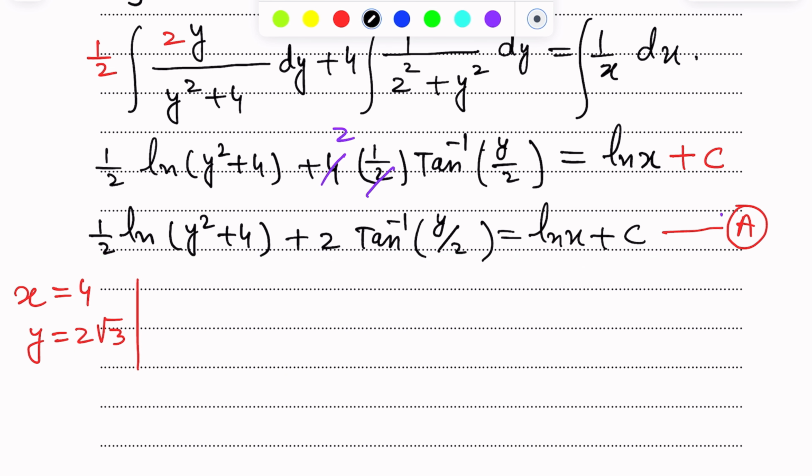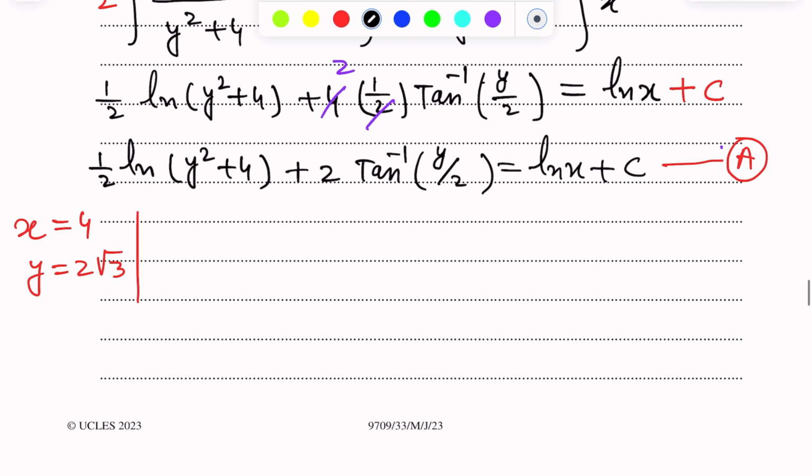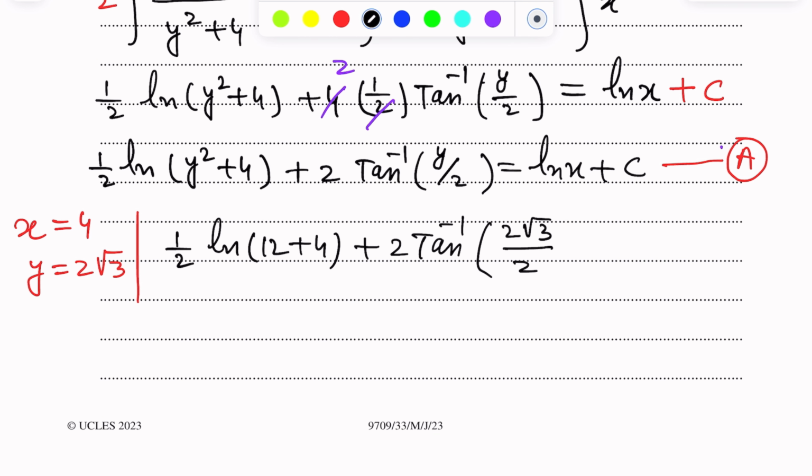Then this will become 1 over 2 log 12 plus 4, plus 2 tan inverse 2 under root 3 over 2 is equal to log 4 plus c.